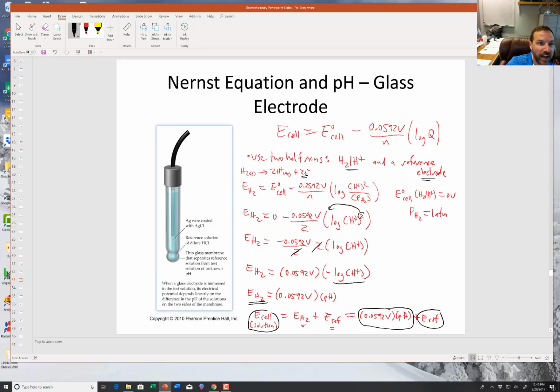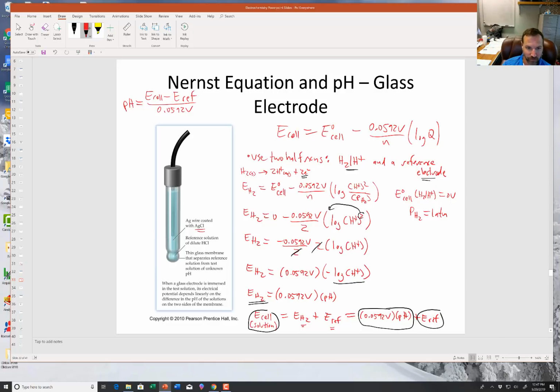So let's rearrange all of that, and we can say then that pH equals E cell minus the E reference divided by 0.0592 volts.